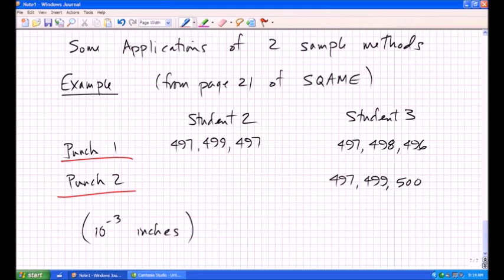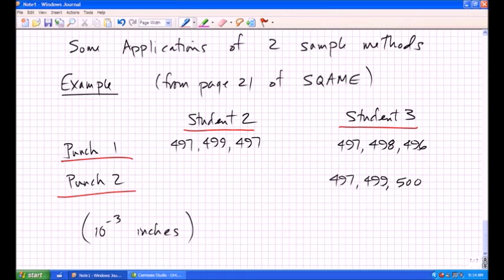The measurement study was one where both students used the same piece of equipment and the same measurement protocol, but there were 2 different individuals involved. So you might think of this as being device number 2, say, and this being device number 3, or device 1, device 2, however you want to name things.